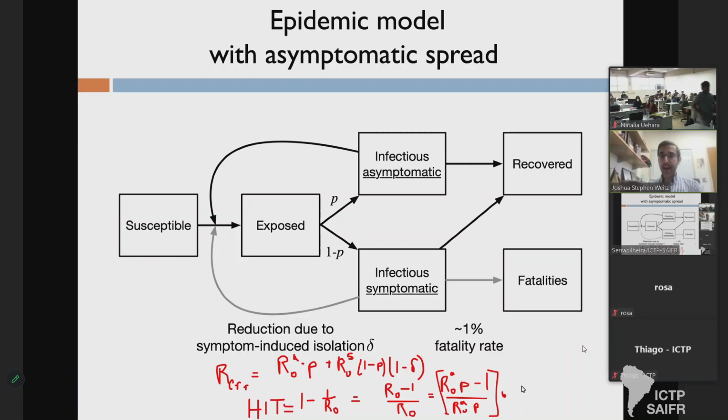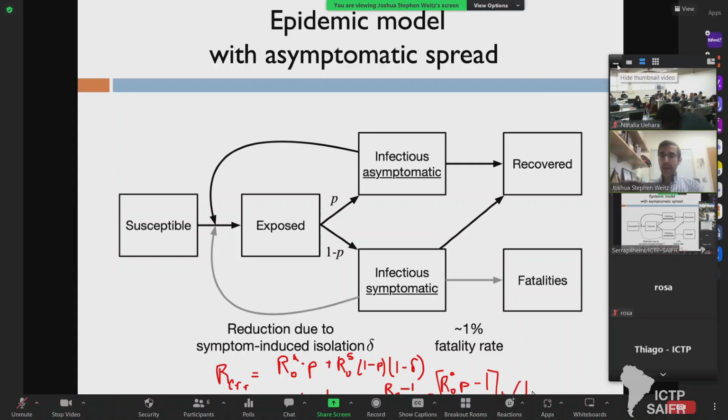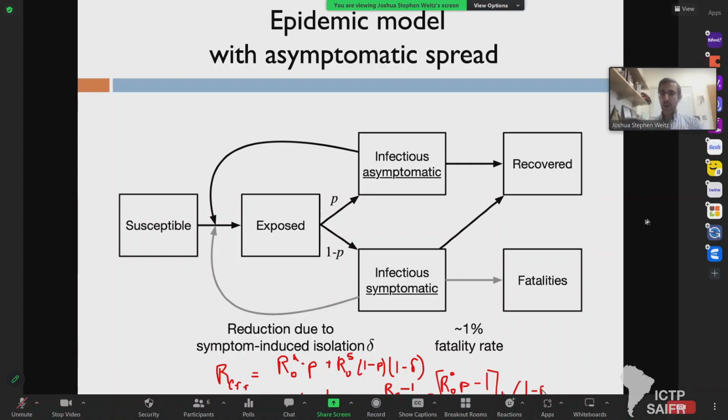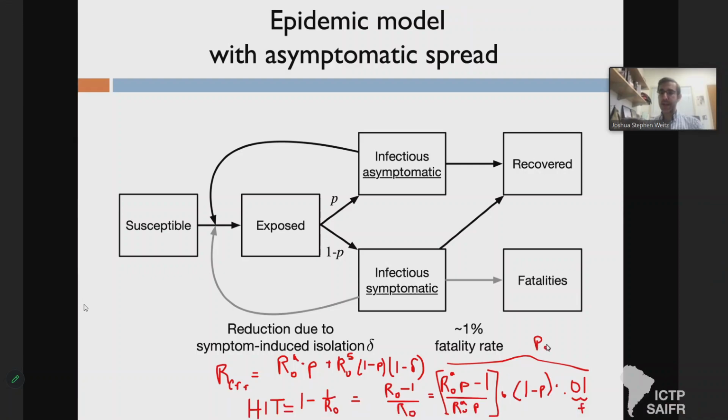Of those people infected, 1 minus P will be symptomatic, times 0.01, because that's my fatality rate, or F. This is my F for fatality rate. This will be population fatalities.